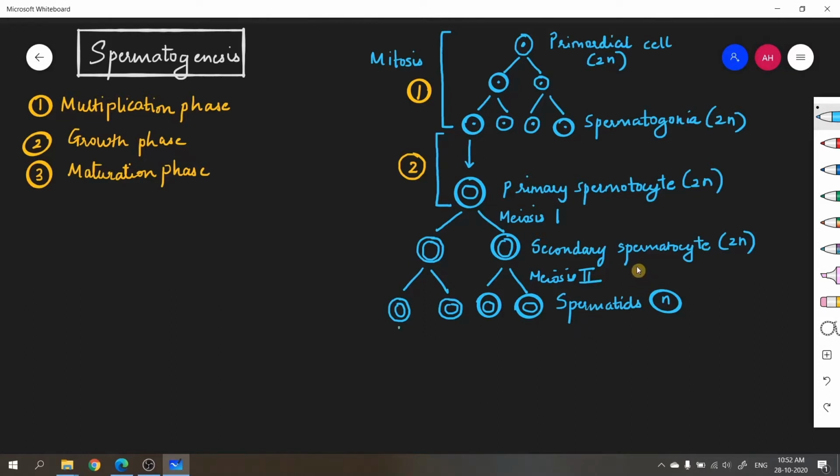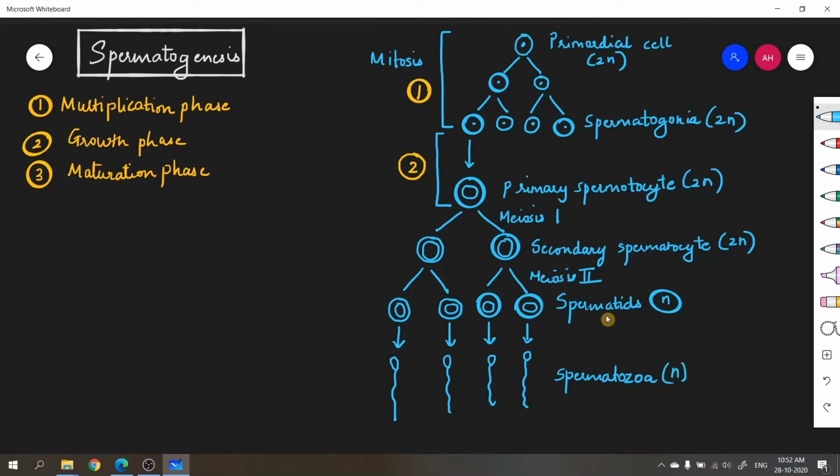So these spermatids are actually non-functional and non-motile. So they acquire certain changes in their structure and function, and they now become spermatozoa. These are the final spermatozoa that are formed in spermatogenesis. Of course, the spermatozoa are going to be haploid, right?